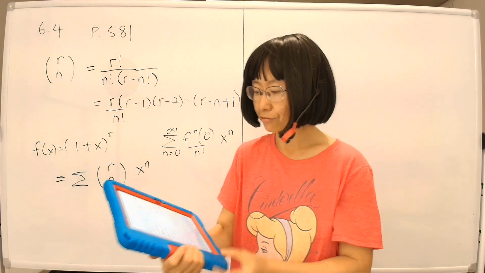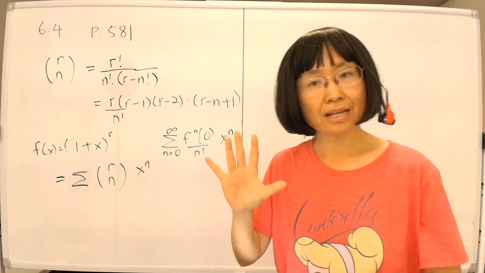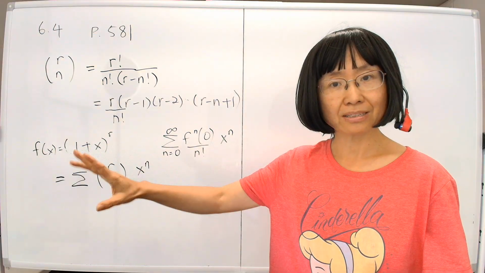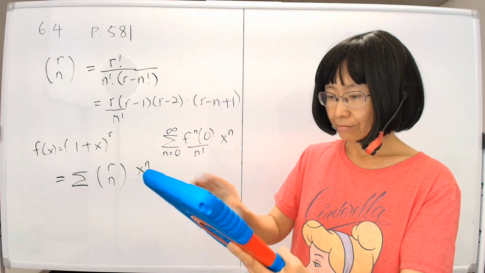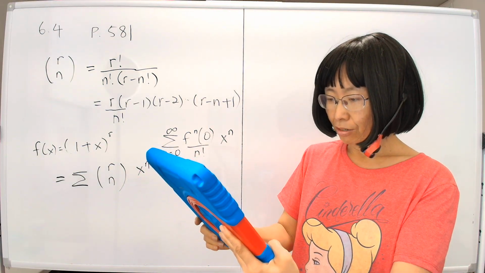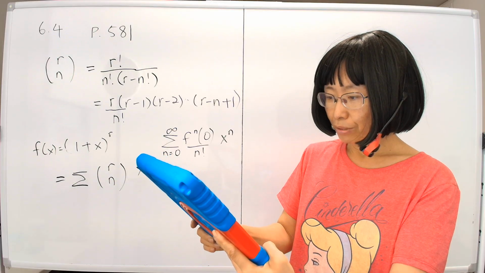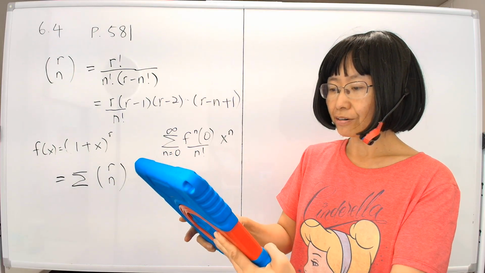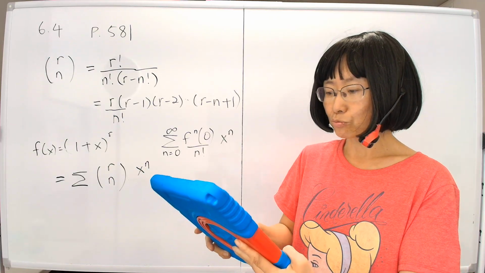So by the ratio test, if the absolute value of x is less than 1, then this thing converges. So the interval of convergence is from -1 to 1.